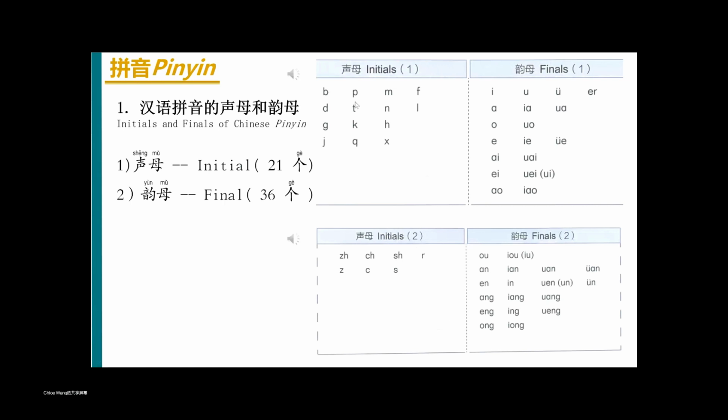Here in pinyin system, we have 21 initials, which is being listed here, and 36 finals. And this initial and final are divided into part 1 and part 2 because we are going to learn it in lesson 1 and lesson 2.